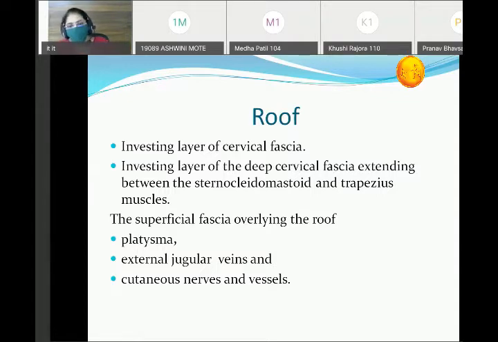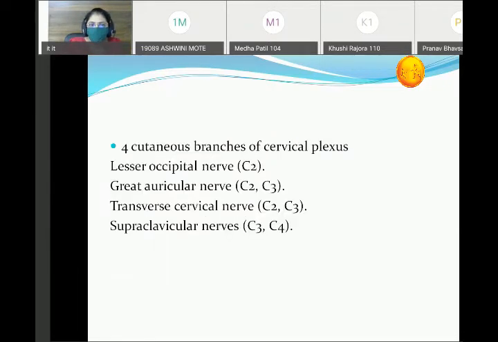The superficial fascia in this region overlies the roof, mainly the skin. After that, the superficial fascia contains the platysma, external jugular vein, and the cutaneous nerves and vessels. So, 4 cutaneous nerves we have studied.